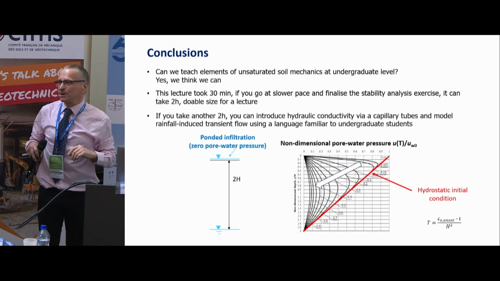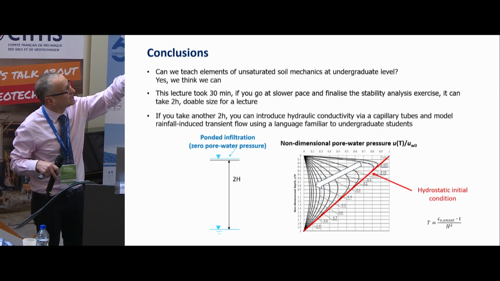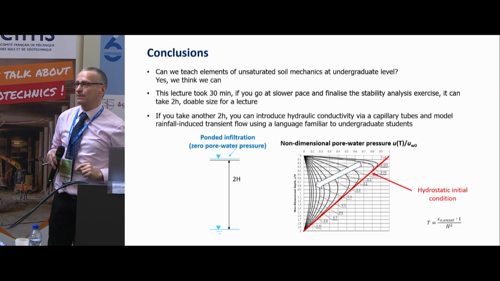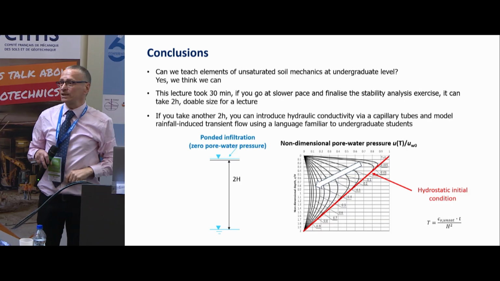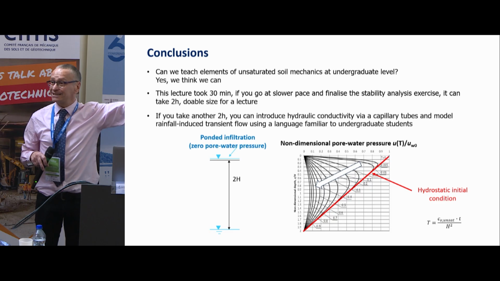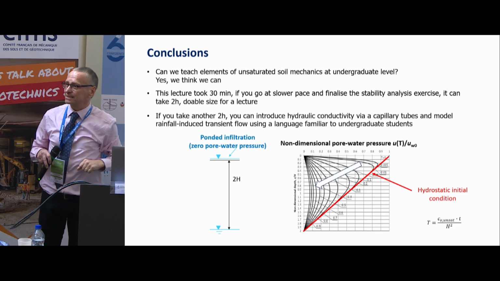If you take another 2 hours, in the next lecture you can introduce the hydraulic conductivity, still using the capillary tubes, and then you can represent the water flow in this way here. So that's not consolidation. That's not the excess pressure dissipation that you will see in the saturated case.